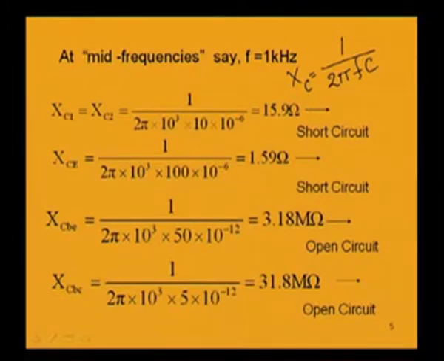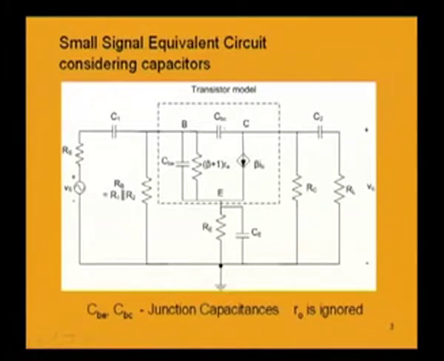If we look at these two values of XCBE and XCBC, that is the reactances offered by the capacitances present in the transistor model, these are very large values, in the order of megohms. So effectively these are like open circuit, since these capacitances offer such a high value of reactance that they will practically allow no current to flow through them.